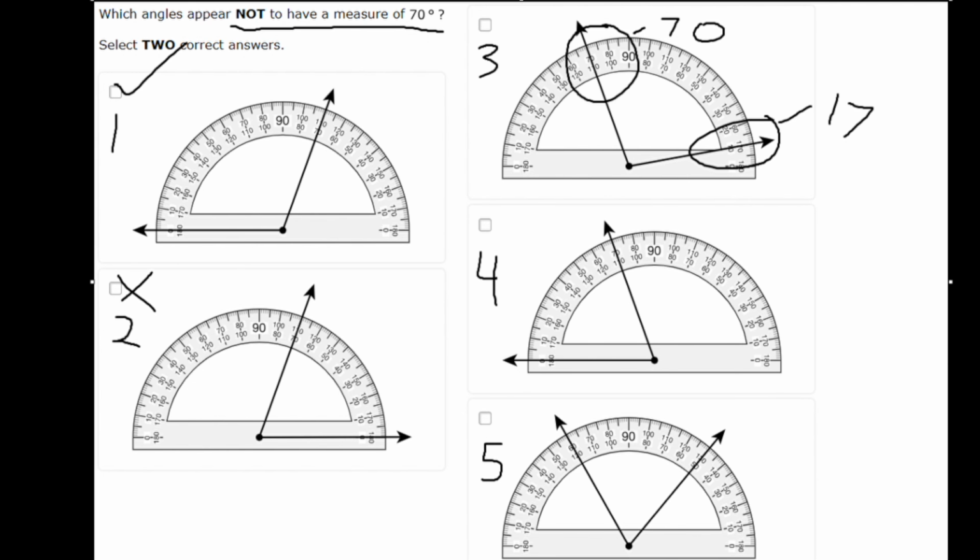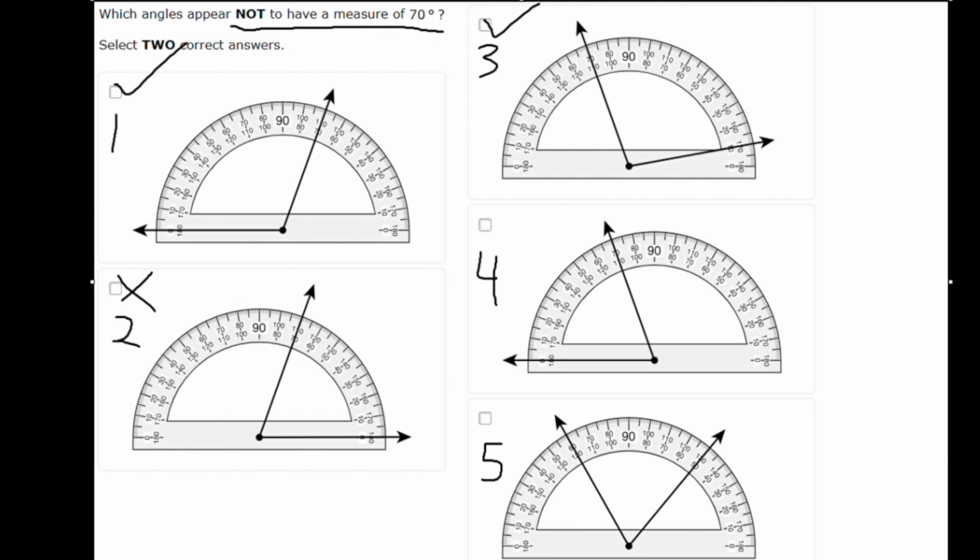All right. So if we subtract these, what do we get? What's 170 minus 70? That's 100. So is option 3 correct? Yes, because remember, we're looking for protractors that do not have a measure of 70 degrees. Because this protractor has a measure of 100 degrees, it is correct. So we're going to put a check mark on number 3.